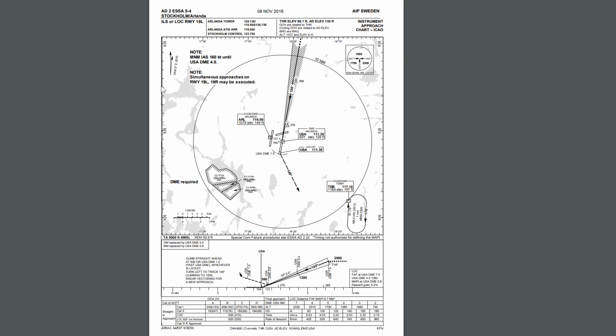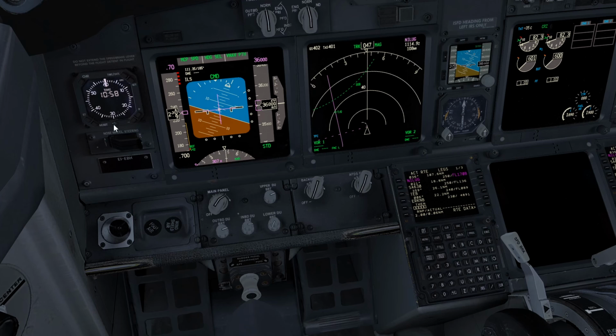So the important things to note here are that we have to fly minimum 160 knots until we're passing Uniform Sierra Alpha DME 4.0. So when you're on the ILS, let me show you on the PFD, you will see the DME here.